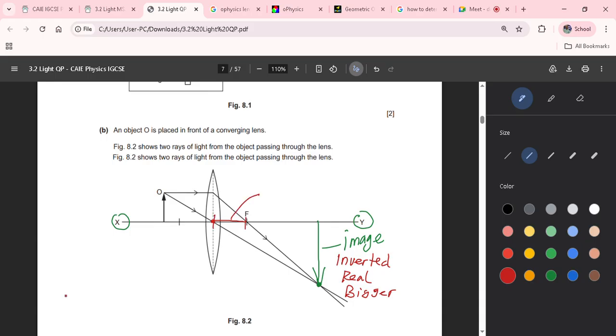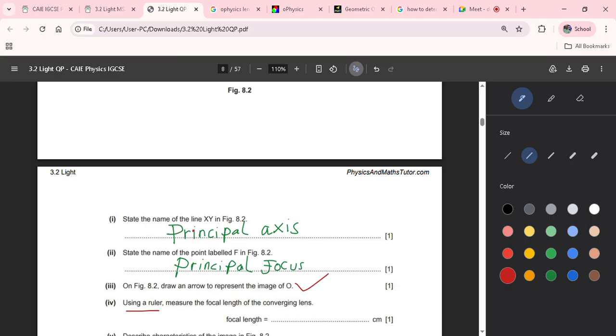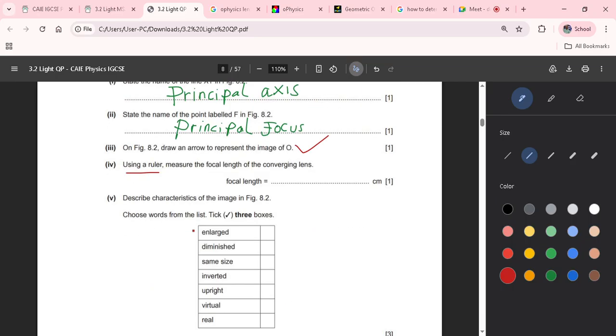The distance using the ruler is maybe 1 centimeter or 2 centimeters or 1.9. So this can only be answered if we print this, but now we cannot answer because this is online.